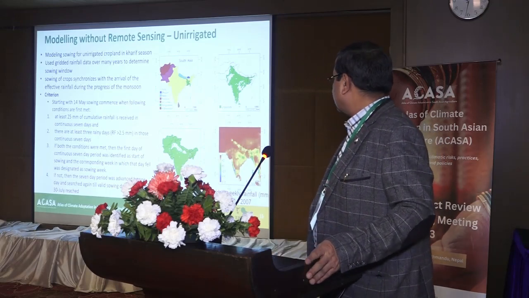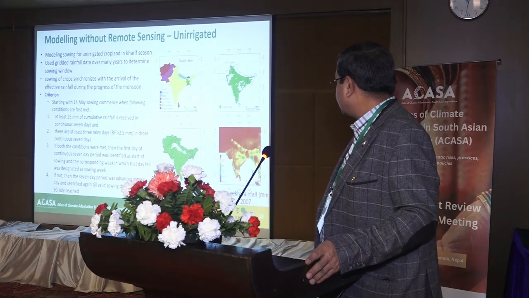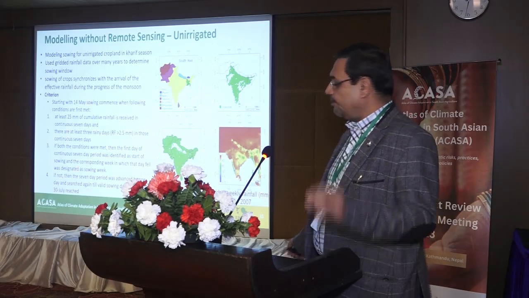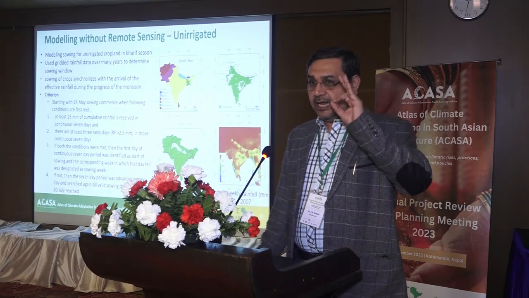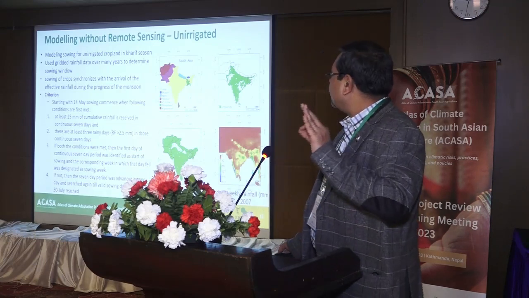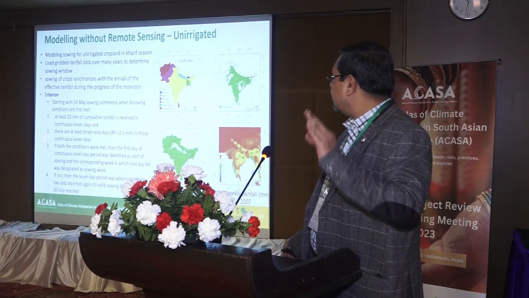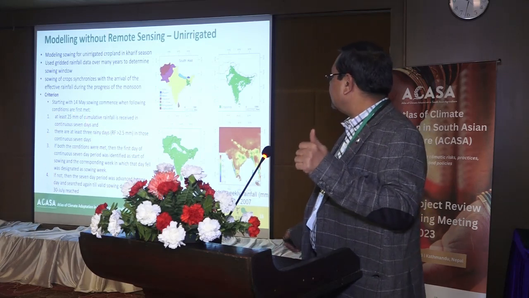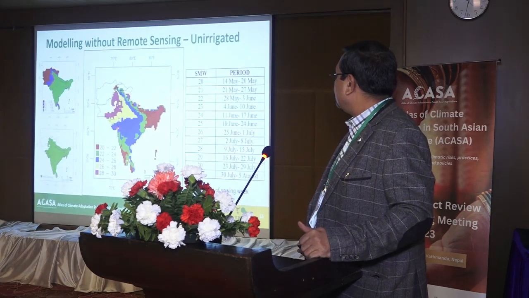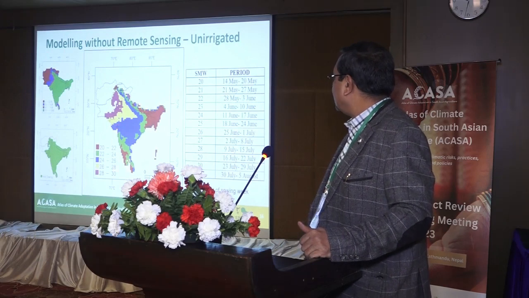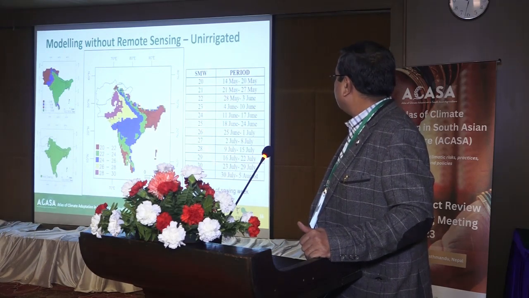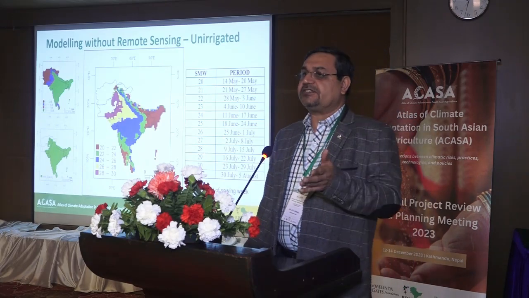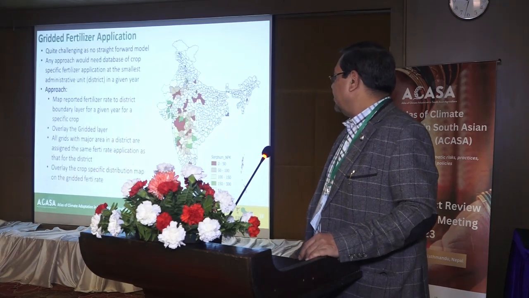We did one study where we used 47 years of gridded daily rainfall data, converted it to weekly rainfall data, and derived a method to find the effective rainfall which should be used as a criterion for date of sowing. I am not going into the details, but we could find out for the whole of South Asia how the different standard meteorological weeks are distributed, and this is the median of 47 years of data.